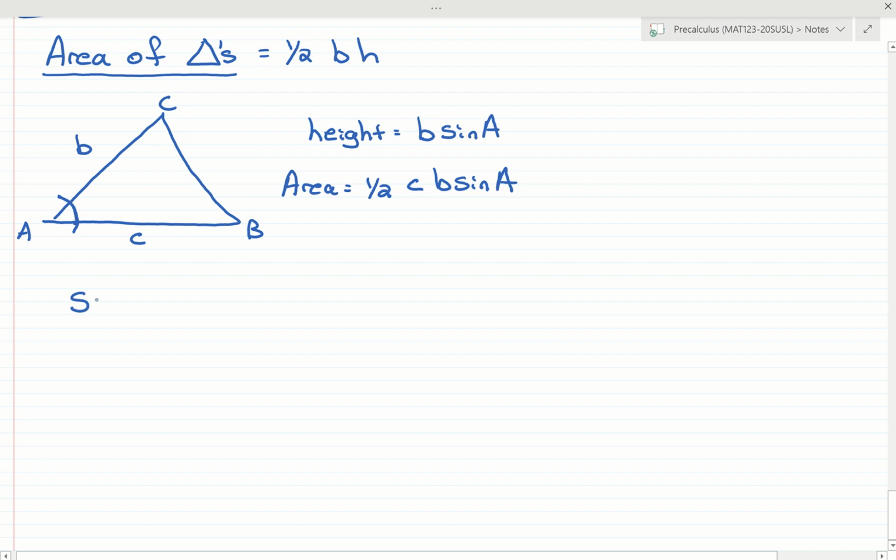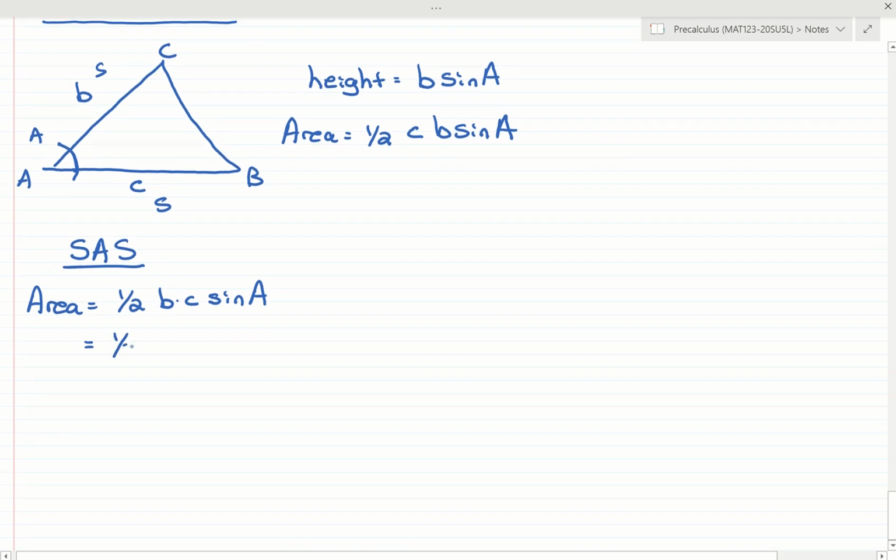So I'll break it down for you. If you have a side angle side triangle like this, what we could do to find our area is we could just plug into 1/2 b times c times the sine of a. I'm just going to rearrange it so it's in alphabetical order.